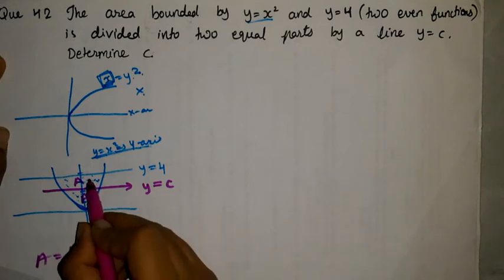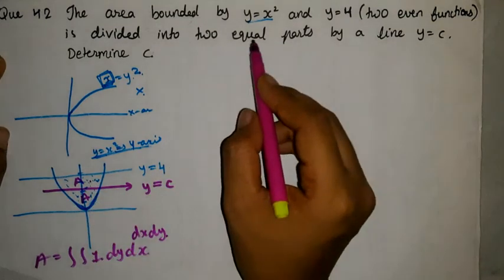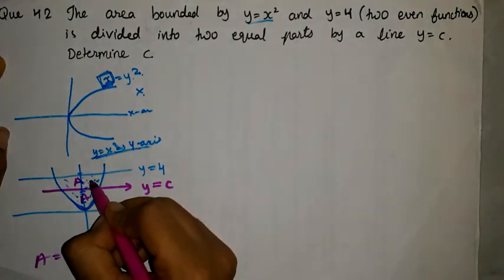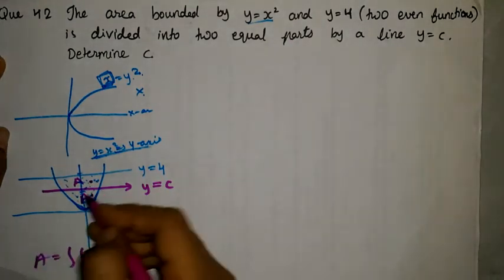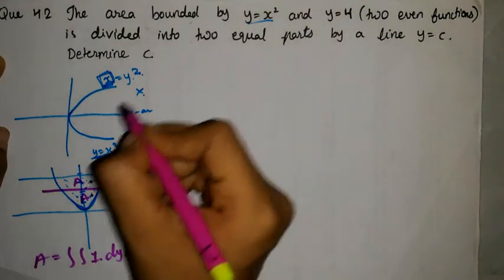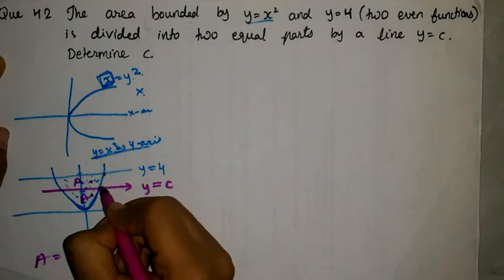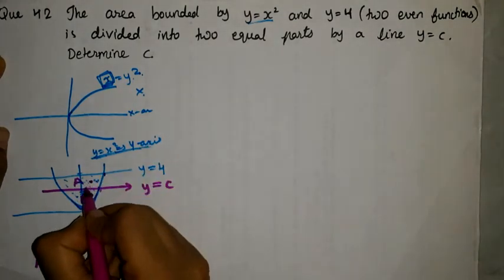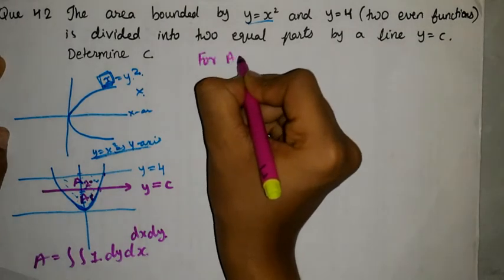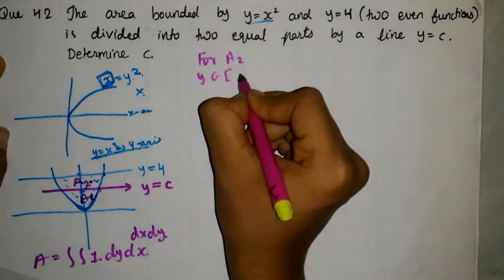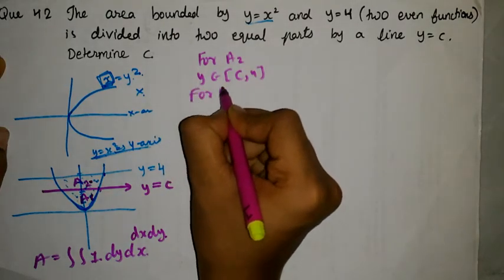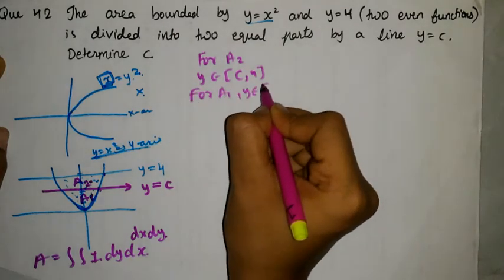It is stated that both areas are equal, so we can write area of this is equal to area of this, so we need the value of y. Let this be a2 and this be a1. For a2, y belongs to c to 4, and for a1, y belongs to 0 to c.